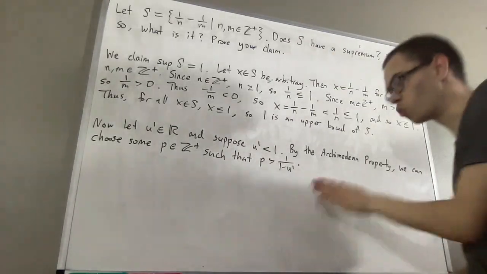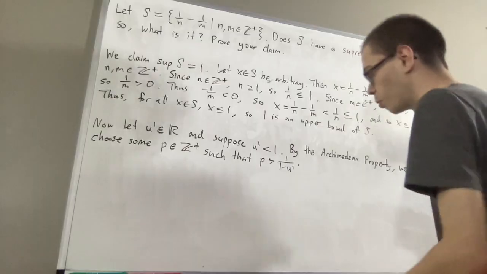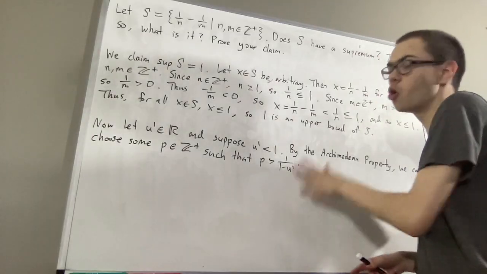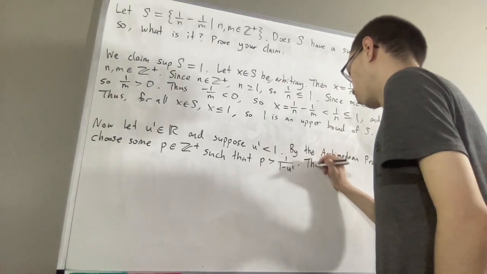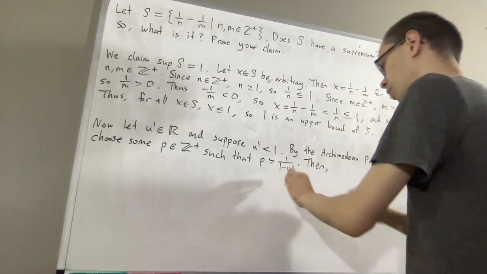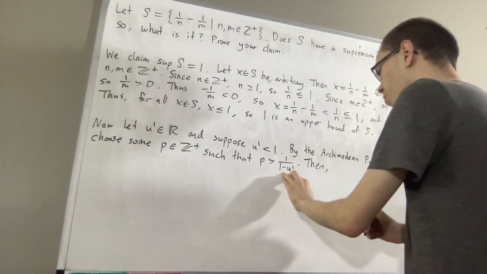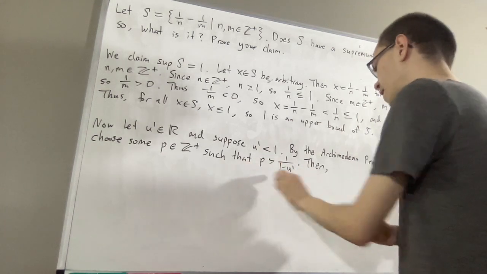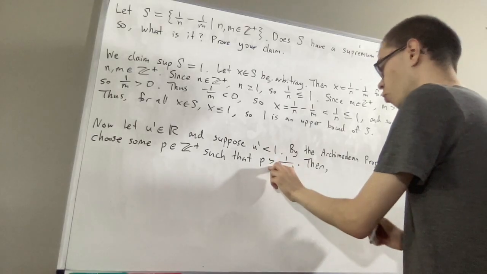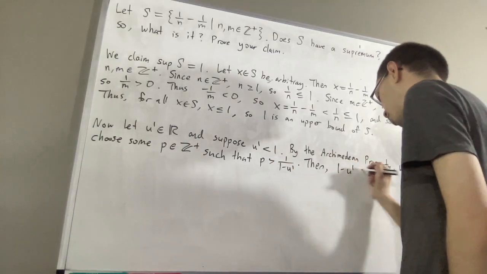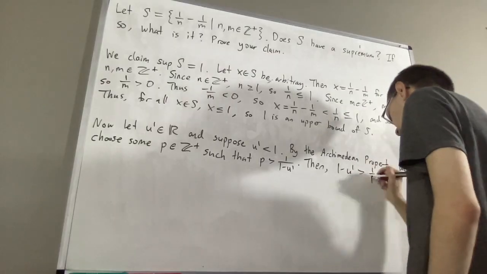But then, in what I just erased, we should be able to obtain u prime is less than 1 minus 1 over p. So if we do that, we can multiply 1 minus u prime to the other side, divide p to the other side. Since both of them are positive, the sign of the inequality will remain the same. So 1 minus u prime is greater than 1 over p.